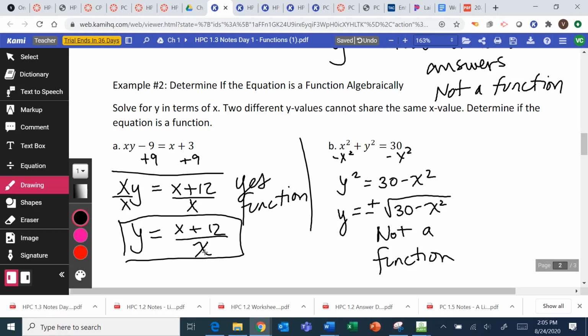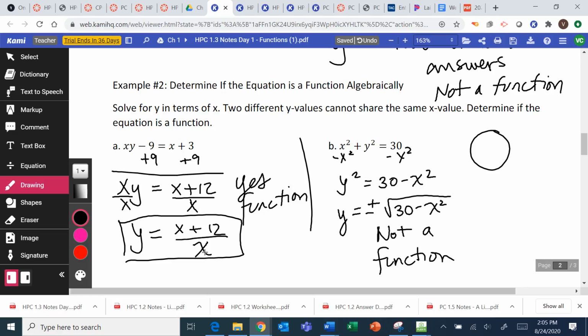Now, just looking at the equation itself, this is a circle. X squared plus y squared is a circle, and that I know is not a function. Can anybody think of a graph real fast that you know is not a function, like a graph that you actually know, not just some crazy squiggle thing? Besides the circle.